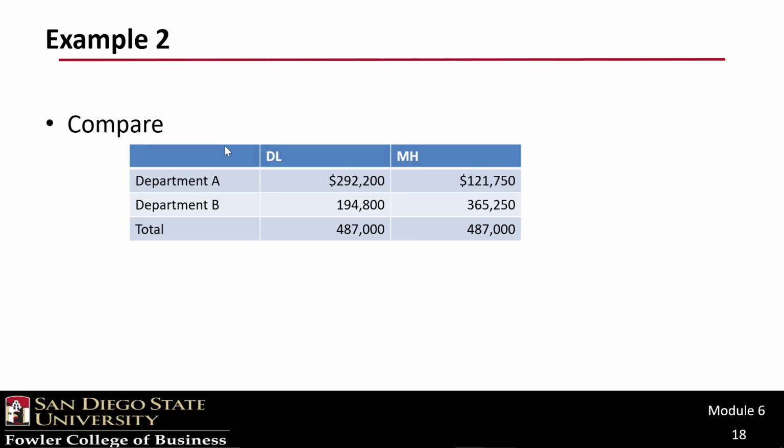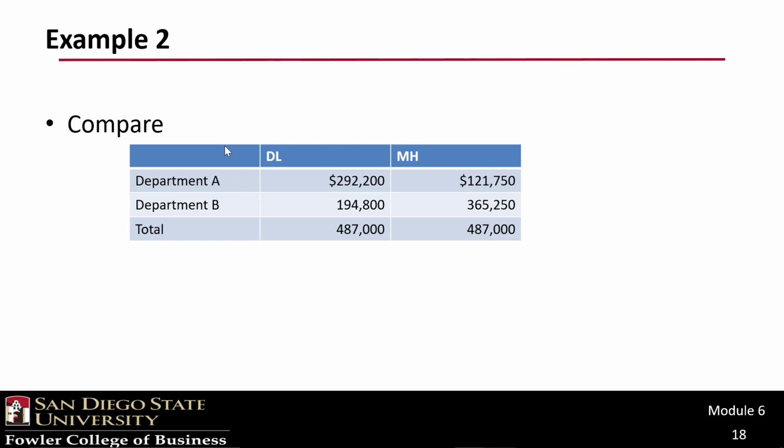Okay, so let's look as if we allocated our overhead using direct labor. Department A has 292,000, Department B 194,000. If, on the other hand, we use machine hours, we can see Department A is 121,000 or so, but Department B is 365,000. So you can see that using a plant-wide overhead rate to allocate may not make sense.